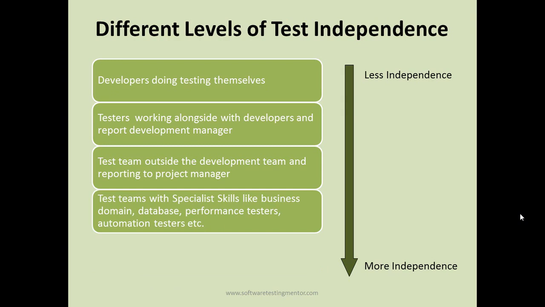And then a test team with specialist testers like business domain, database, performance testers, automation testers. These specialist skill testers are more independent in terms of reporting their results, or reporting manager. So they are more independent in the test organization. And then test teams from an external organization.